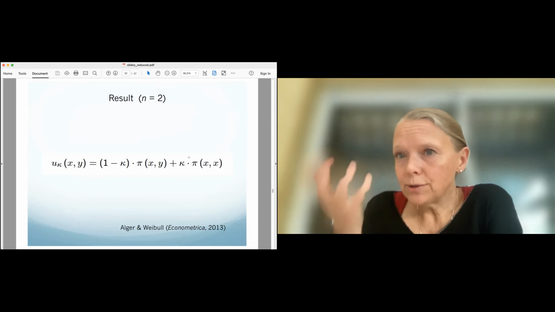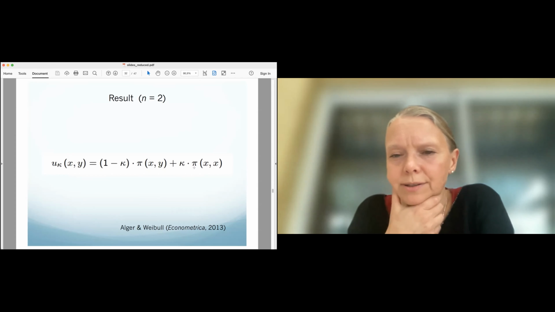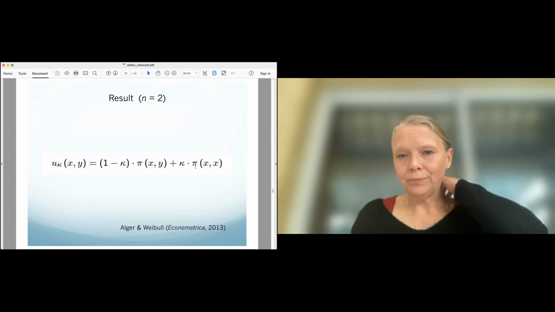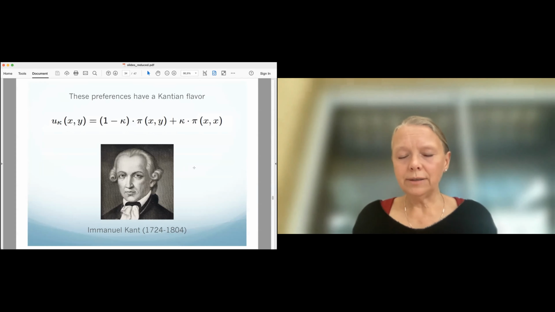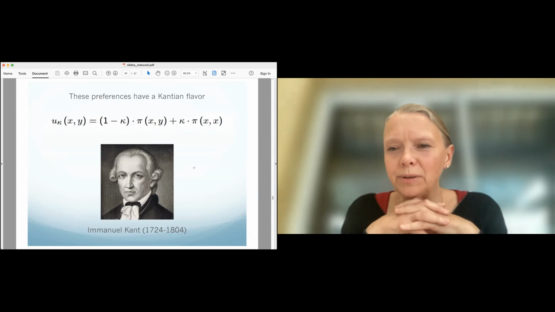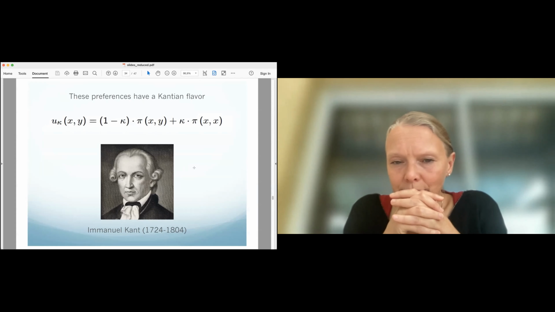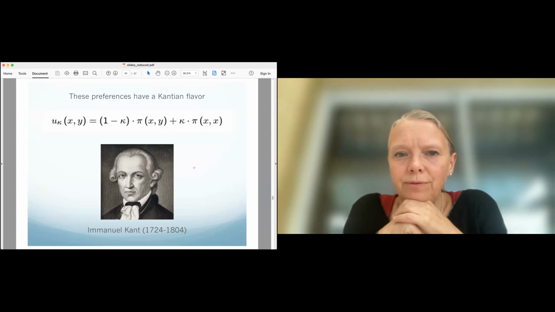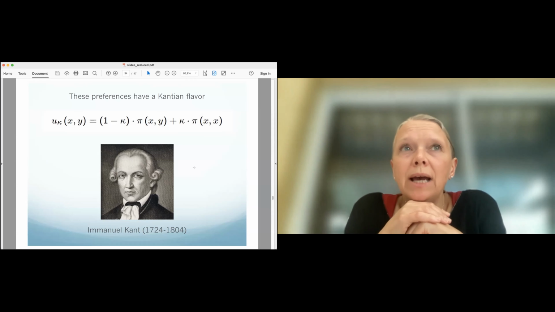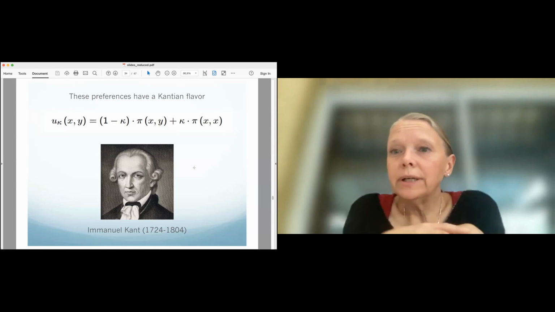Now, this is something that came out of the math. When we saw this expression, it made us think about Immanuel Kant, Kantian reasoning. The philosopher Immanuel Kant, who, of course, has written this incredible body of writings on morality. And one of the key features of Kantian reasoning is to evaluate what would happen if all others were to do like me, right?